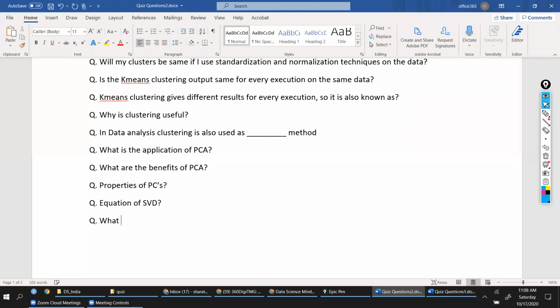What is the difference between PCA and clustering? This is also something you know.